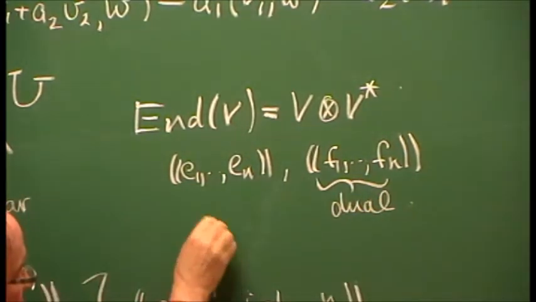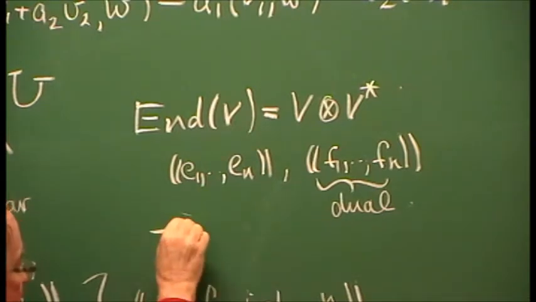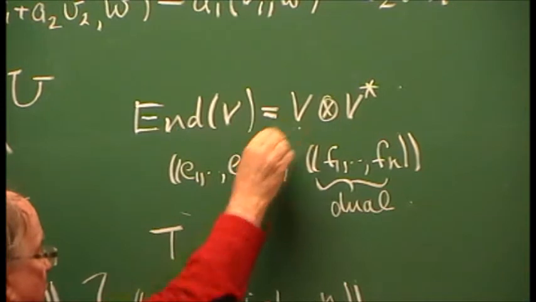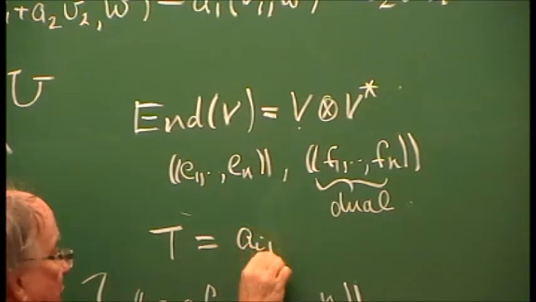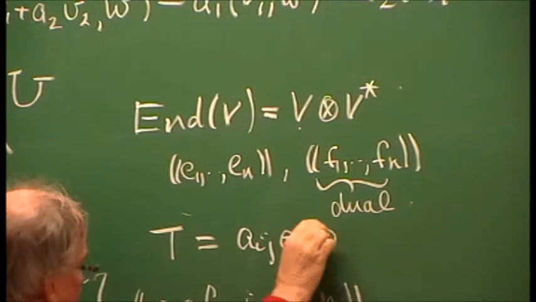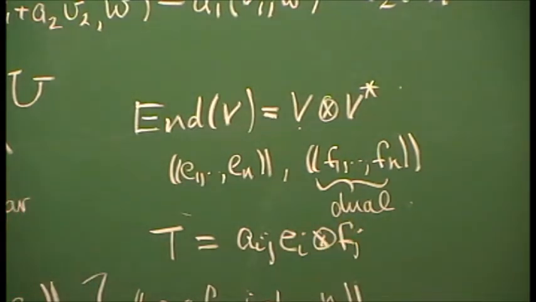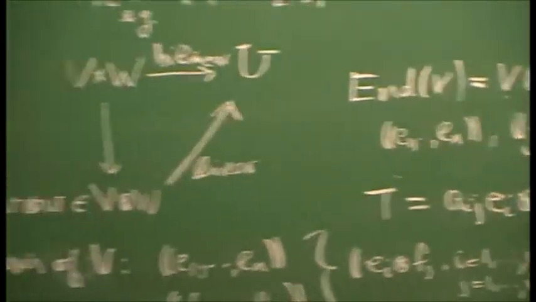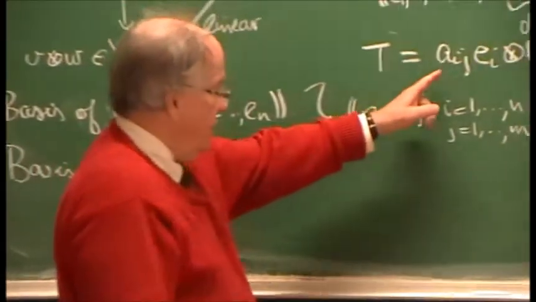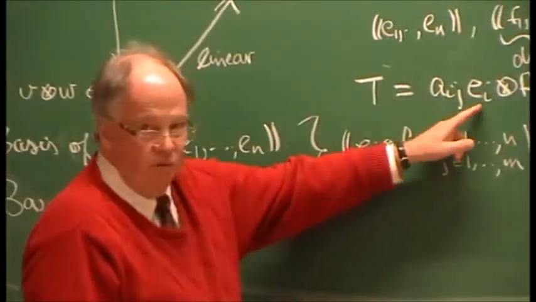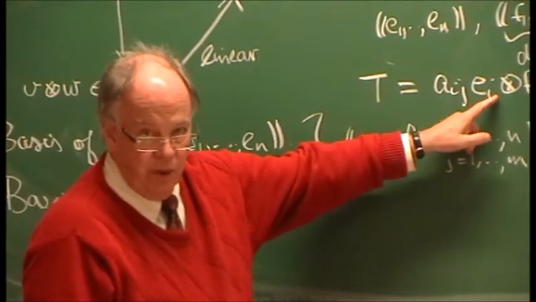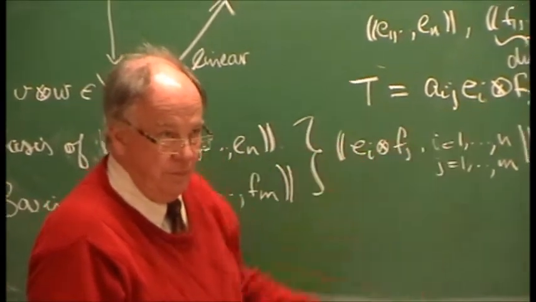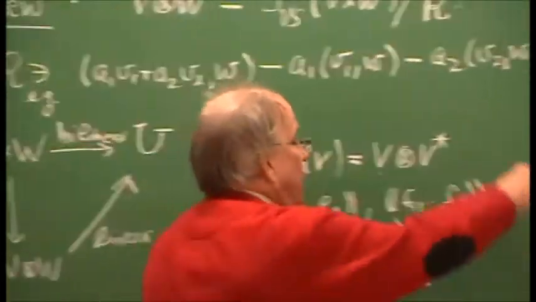And the basis you get here is just, so an element here, in the homomorphism regarded as a tensor, can be written as a linear combination of these basis elements. And that is the matrix of an operator. An operator is canonically, if you have bases, a sum of rank 1 operators. Right, these are rank 1 operators. So that's that tensor product.